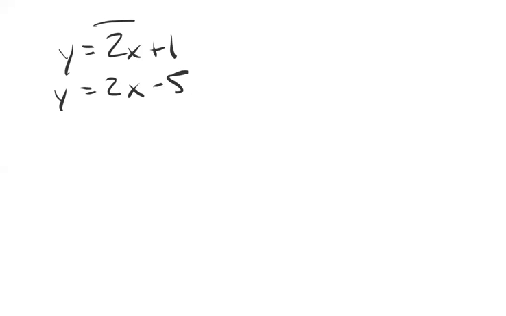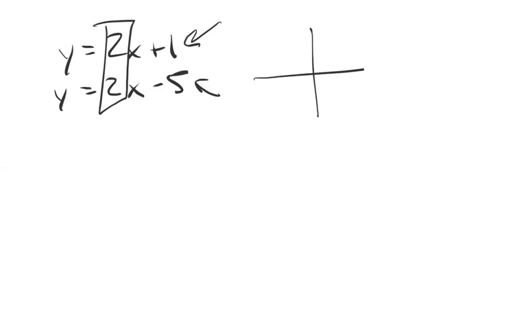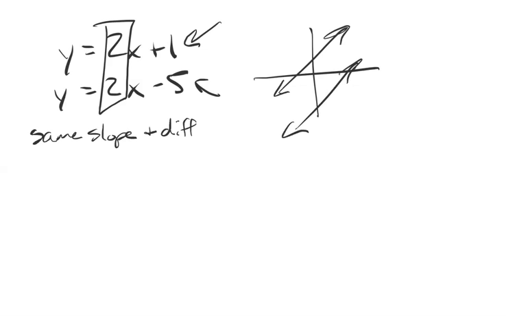So if they have the same slope but different intercepts, that means they are going to be these two parallel lines. Same slope, different intercept, no solution. If you want to write that down, same slope and different intercept means no solution.